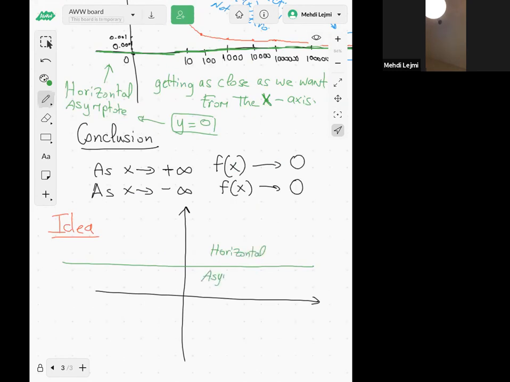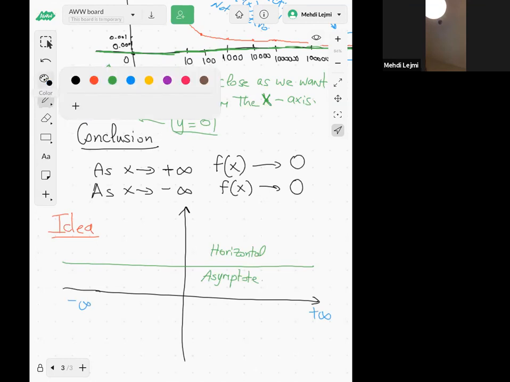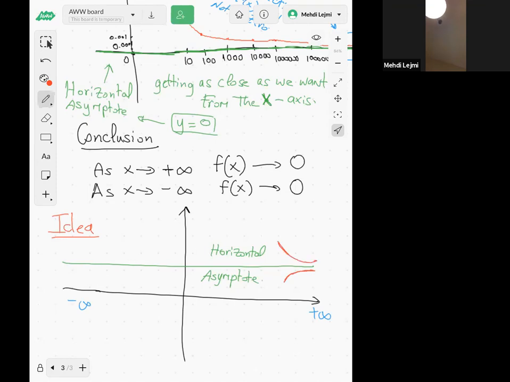So when you have a horizontal asymptote, as x approaches positive infinity or negative infinity, we are at positive infinity here and negative infinity right here. When your x is at positive infinity, the graph is going to be very close to your horizontal asymptote, so you're going to have something like this here. Or it could be on the other side, depending, of course, on the graph.